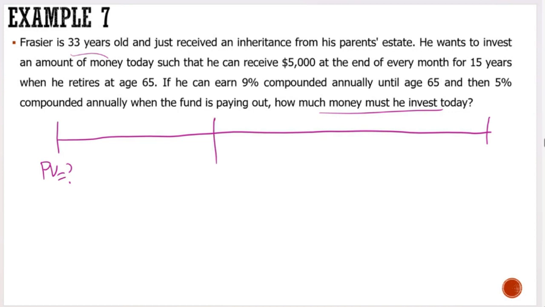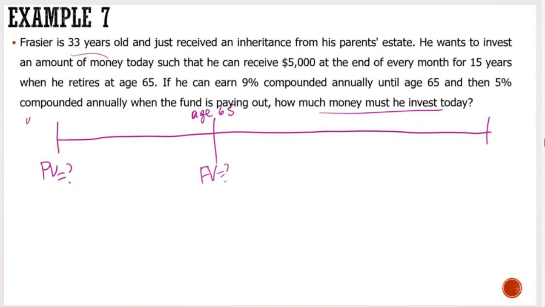Okay, this is age 65. So this amount would have accumulated to a specific value here. And then when he invests this amount, he is 33 years.